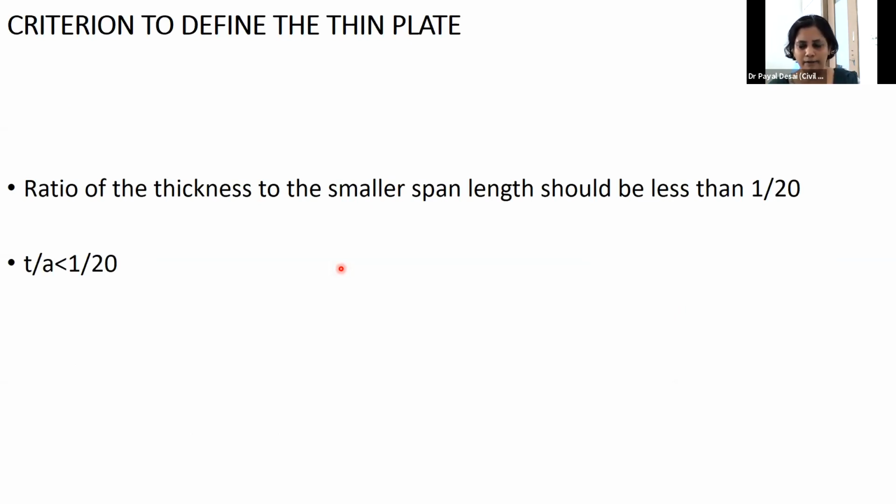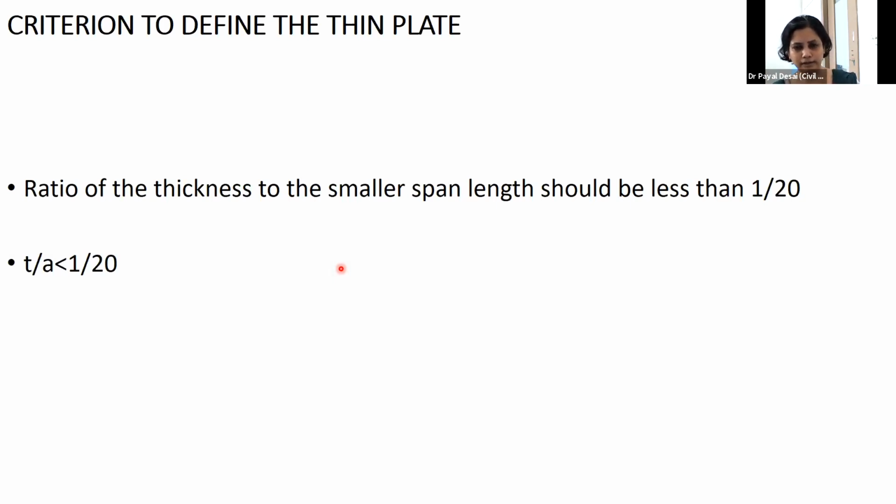Suppose I have a thickness of 0.2 meter and a span of 5 meters, and the ratio of thickness to the shorter span turns out to be 0.04, less than 0.05.